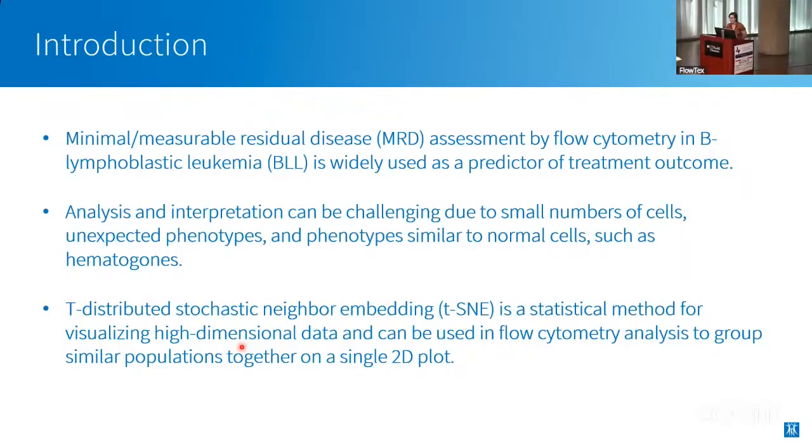Sometimes these abnormal populations will read the textbook and express what you want them to express, but sometimes they won't. Or sometimes the patients have been heavily treated, like they often are in our lab, and so they just don't look the way they looked at diagnosis. And also in the case with B-lymphoblastic leukemia, we have to separate them out from the normal hematogones, which can also be kind of tricky.